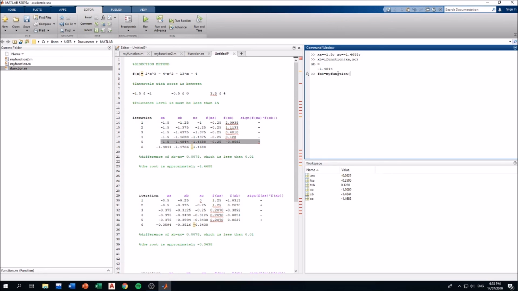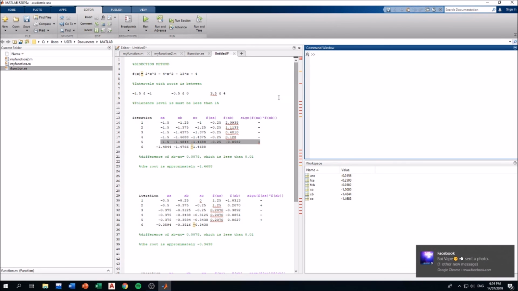F of x sub b will give us negative 0.0582. And now we multiply the signs. We will get positive. Having a positive value means we need to make use now of our x sub b, and our x sub c will remain the same. But the tolerance level for iteration 5 is still not less than 0.01, so we need to continue.